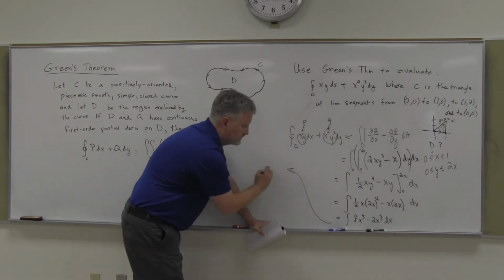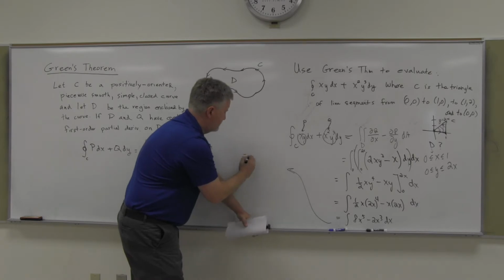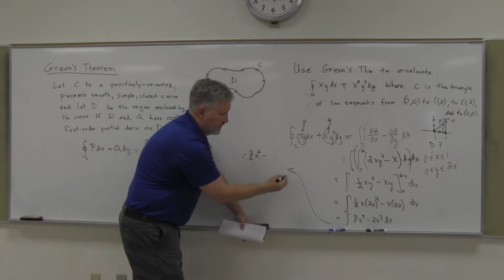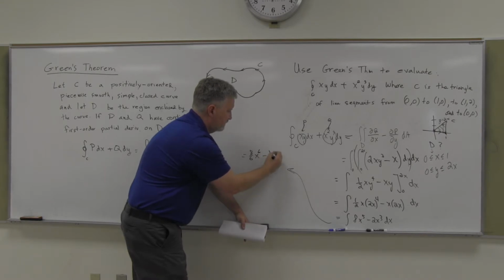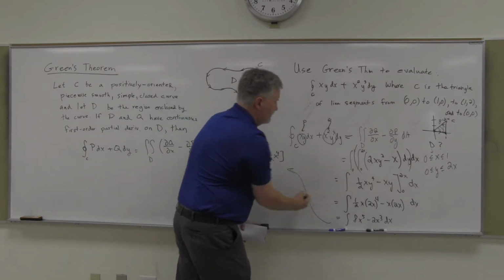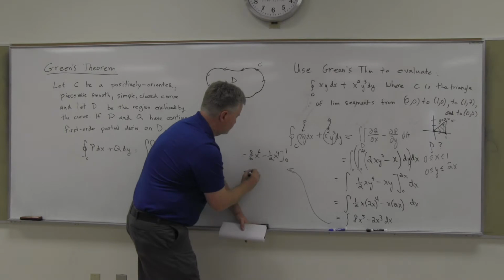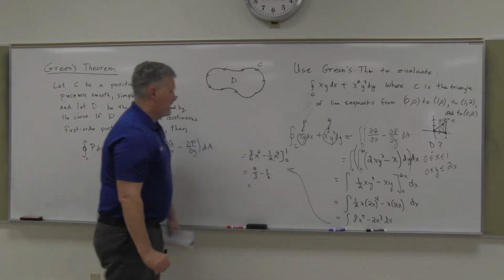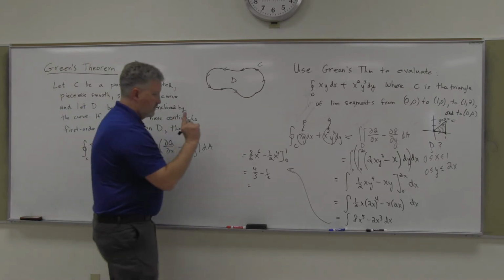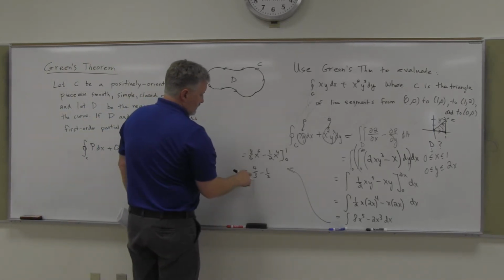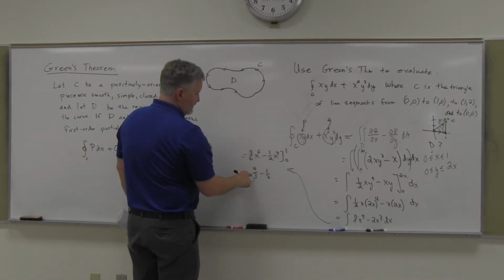Which is 8/6 x to the sixth minus 1/2 x to the fourth, going 0 to 1. That's going to be 4/3 minus 1/2. Let's see.